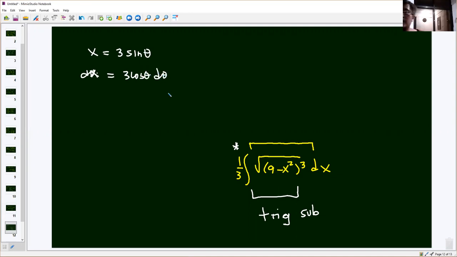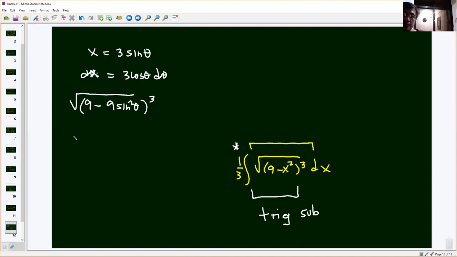So, the substitution again, guys, that square root of 9 minus x squared would become 9 minus 9 sine squared, at naka-raise yan sa third power. Right? Cube. Then, 9 minus 9 sine squared is what? Cosine squared.